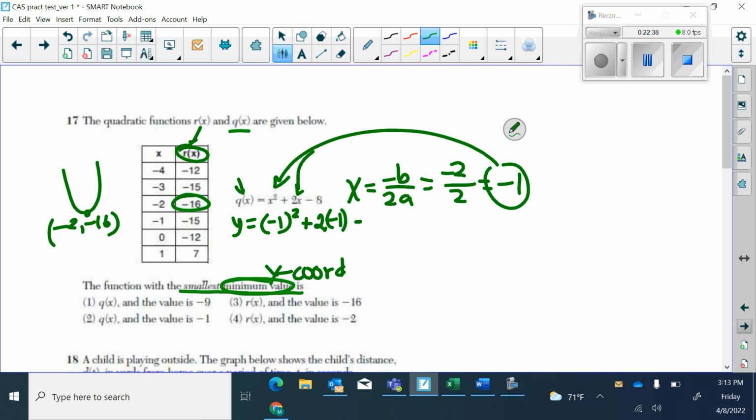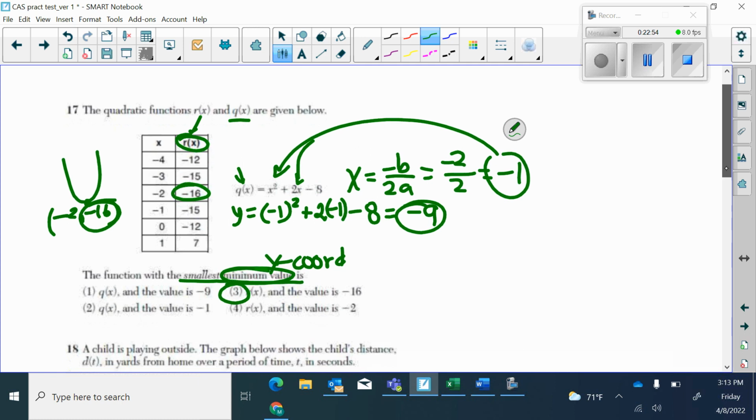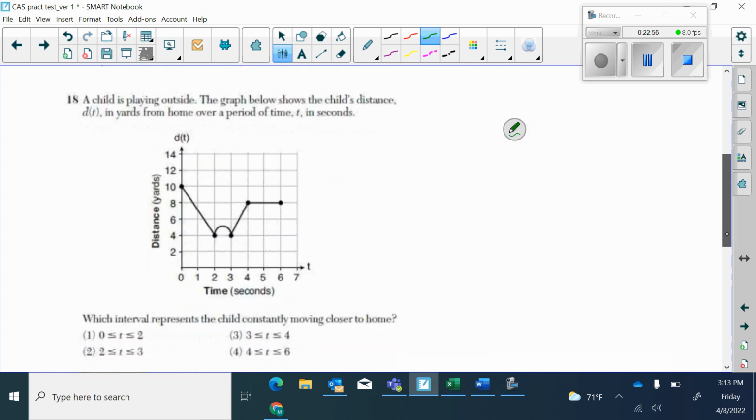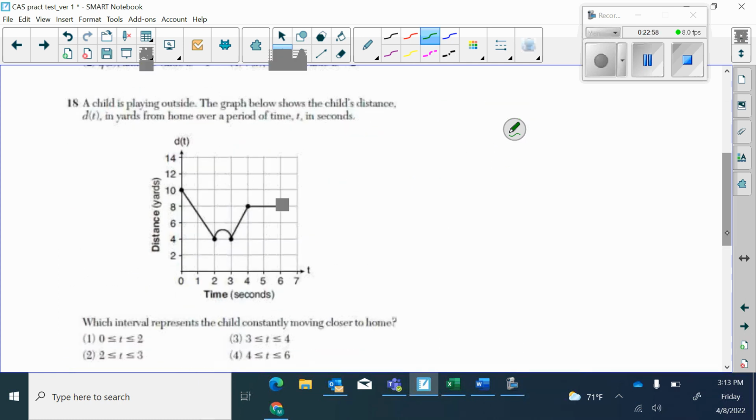So 1 minus 2 is negative 1, minus 8 is negative 9. So that minimum value is negative 9. Well, obviously negative 16 is lower, the r of x, and the value is negative 16. Several of you missed that. You're going to have one like that on the DCAS. They're going to always ask about the vertex, minimum maximum value.